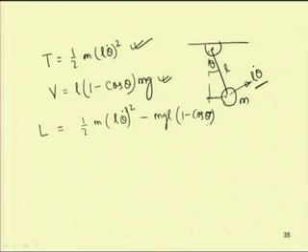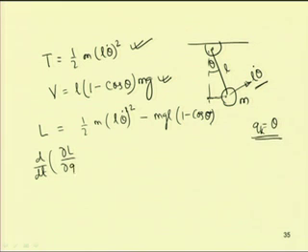One can use the extended Hamilton principle or the Lagrange principle to find the equation of motion. Using the Lagrange principle, I can write d by dt of ∂L/∂q_k dot, where q_k equals theta, minus ∂L/∂q_k. As no damping is considered in this system, this will be equal to 0. Also, we are not considering any external force.